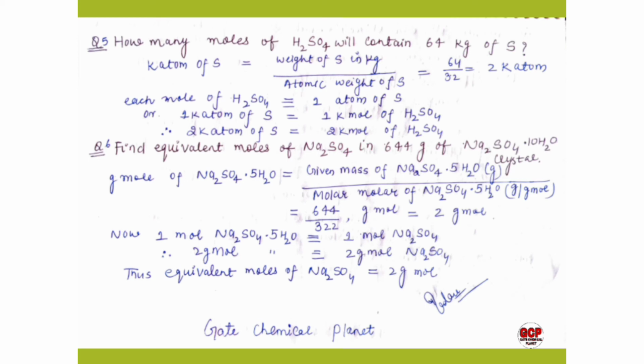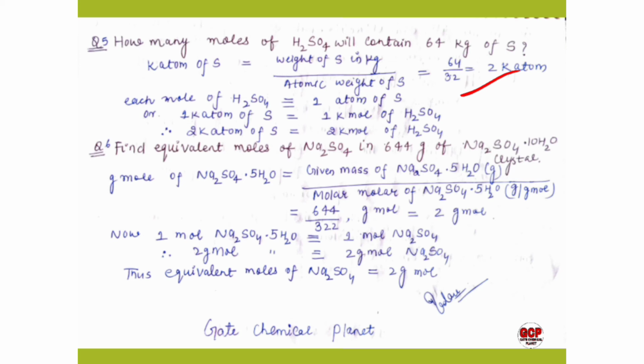First we will calculate the kiloatoms of sulfur, and kiloatom of sulfur is equal to the weight of sulfur in kilograms divided by the atomic weight of sulfur. The weight of sulfur is already given, it is 64 kilograms, and the atomic weight of sulfur is 32. So we will have 2 kiloatoms.